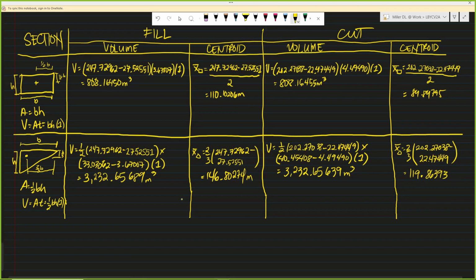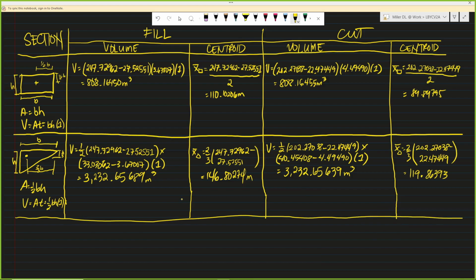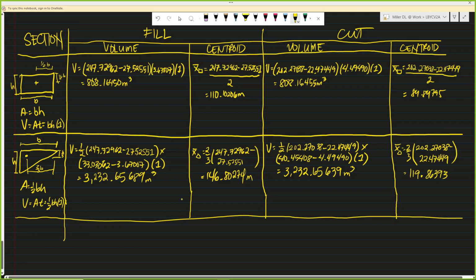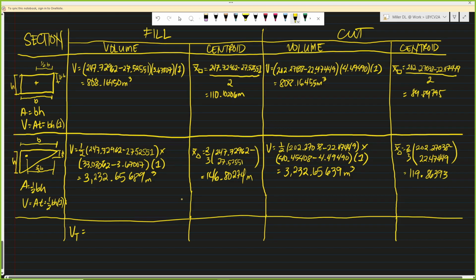Okay? Now, next natin gagawin is for us to get the total volume. Sige. Kindly get the total volume. So kindly add 808.16450 plus 3232.65689. That's for the fill. And as for the cut, so 808.16455 plus 3232.65639.